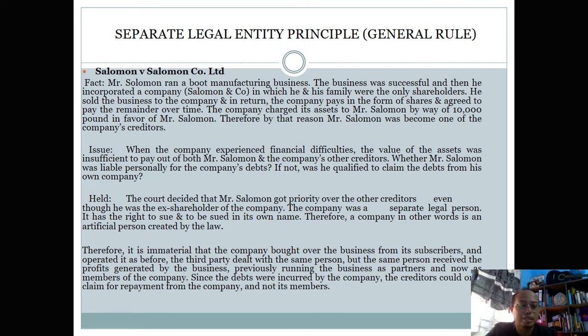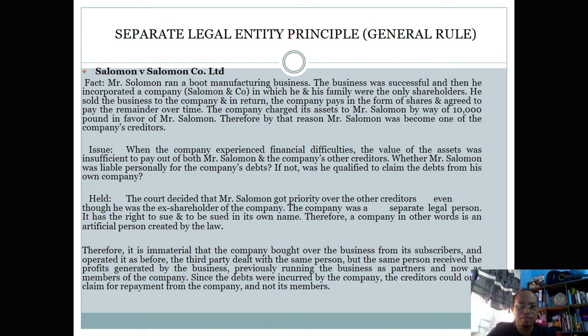In return, the company pays Mr. Solomon in the form of shares, and the remaining balance of the sale price of the business, the company will pay by stages, meaning that Mr. Solomon has a share in the company, and the company also owes Mr. Solomon the money amounting to £10,000.